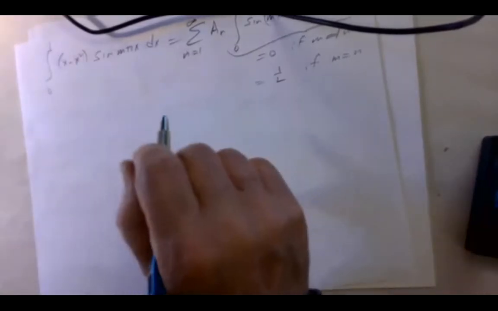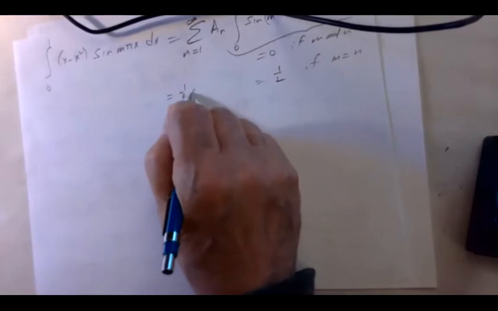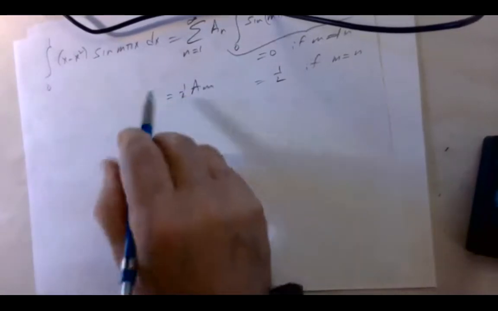This is equal to 0. This is equal to a half if m equals n. So this equals a half a sub m.